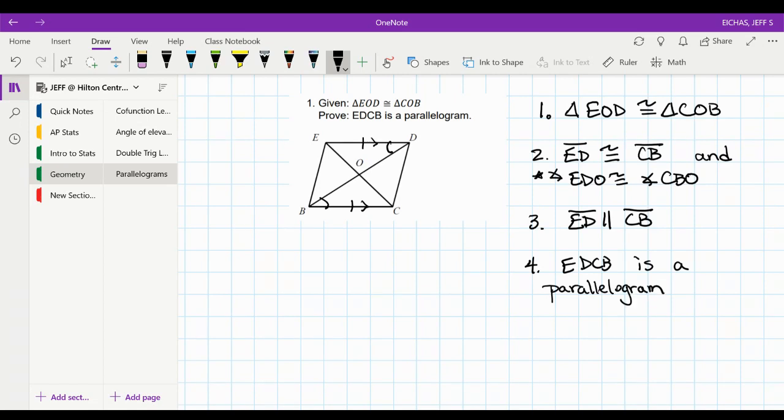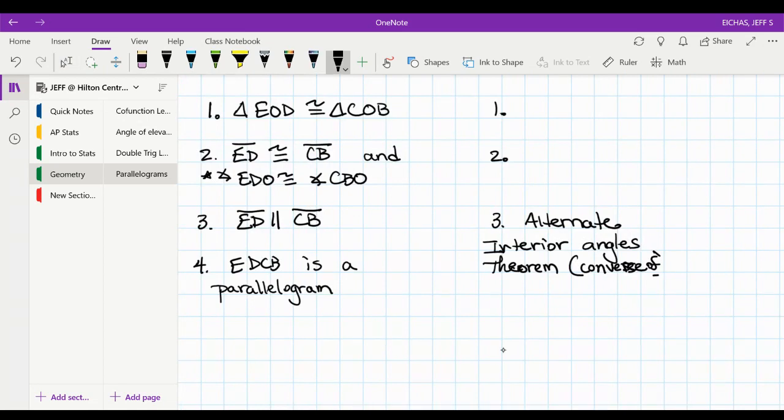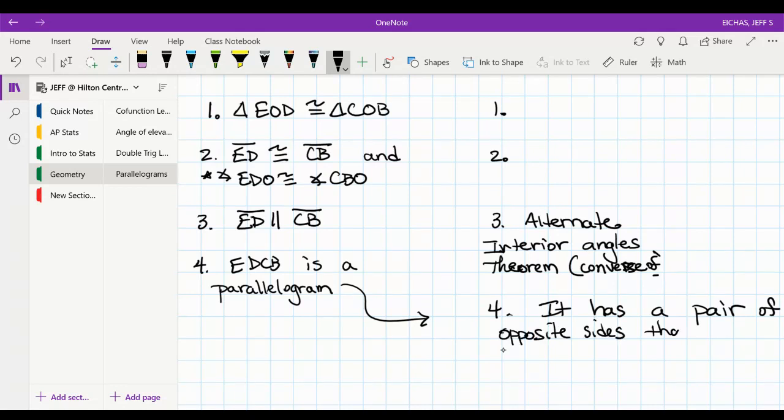And that one is because one pair of opposite sides, sorry, I should have lined it up. It has a pair of opposite sides that are both parallel and congruent.